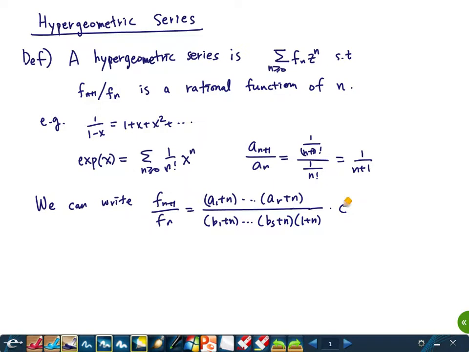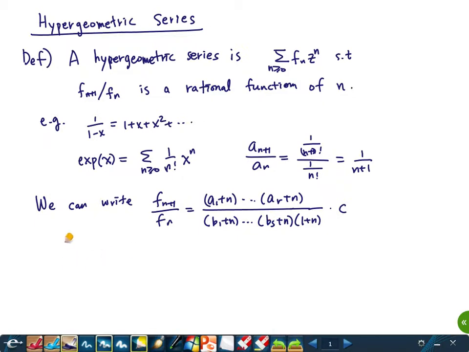And then Fn can be written as follows. Initially we have f0, and then we keep multiplying by this ratio.